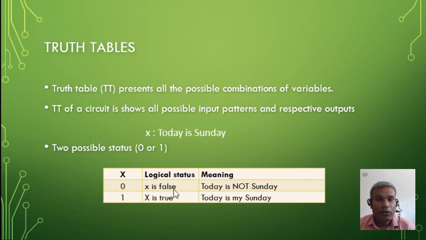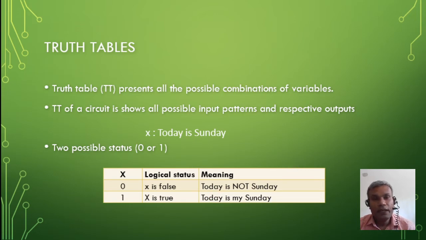So X equals 0 means X is false, which means today is not a Sunday. The second possible value for X is 1. 1 usually represents the true value. So that means X is true, which means today is Sunday is a true statement. So it must be Sunday.